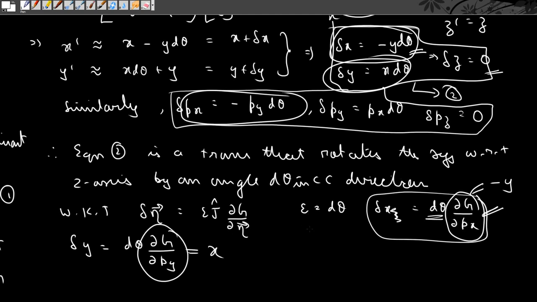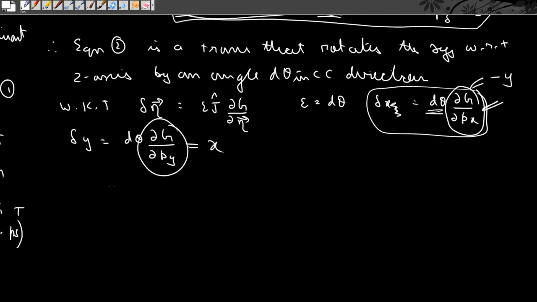So from this we can make out, if you similarly calculate for del px and del py, that our g is going to be simply equal to xpy minus ypx.